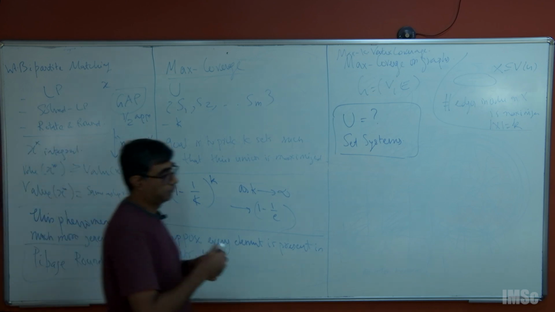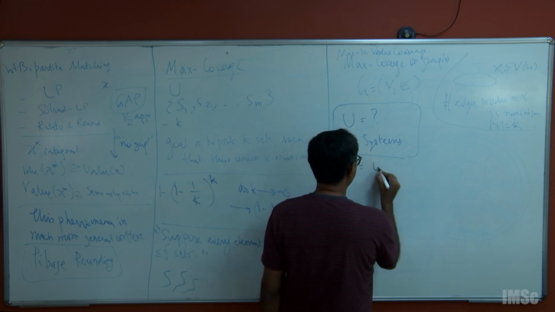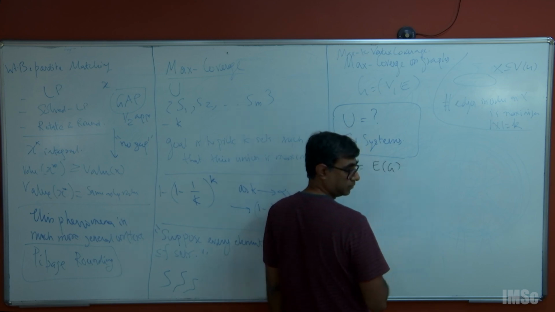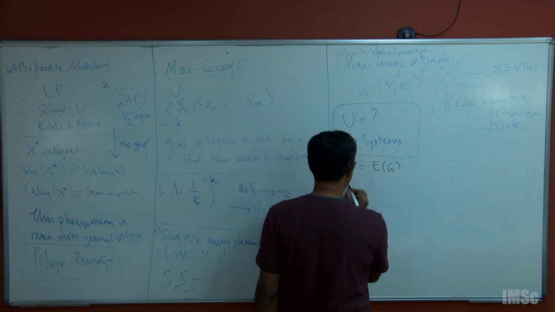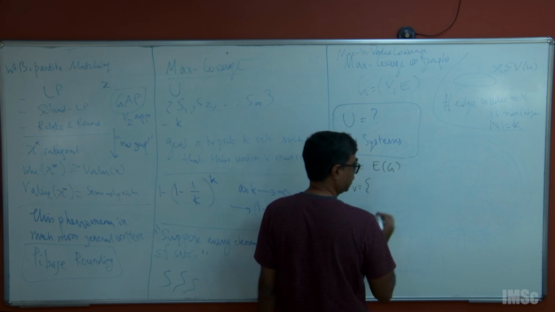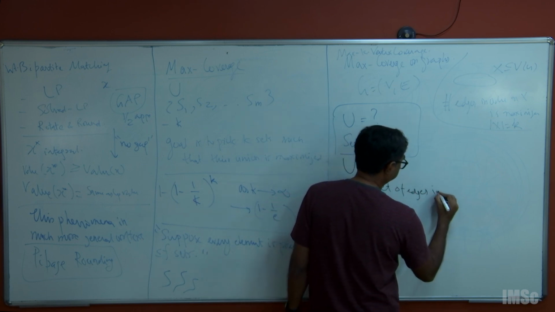Correct. So, Sanjay is saying that suppose the universe is the set of edges of G, and my set systems S of V is the set of edges incident on V.